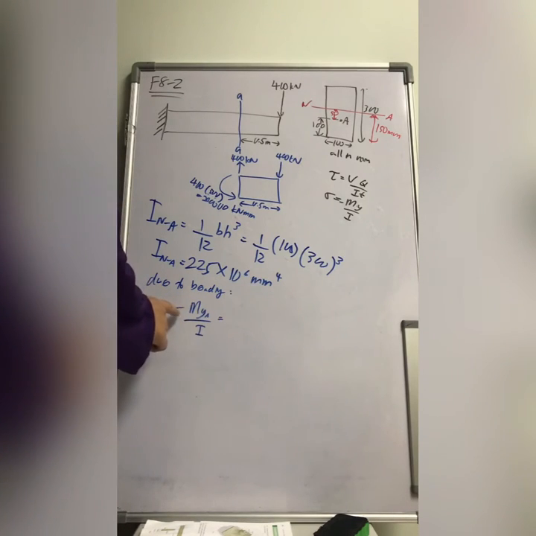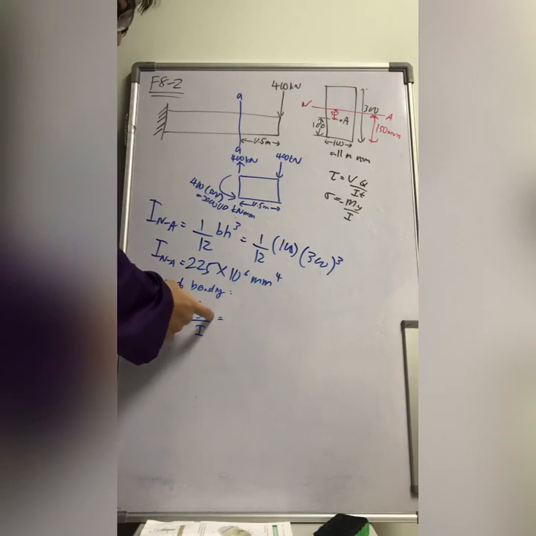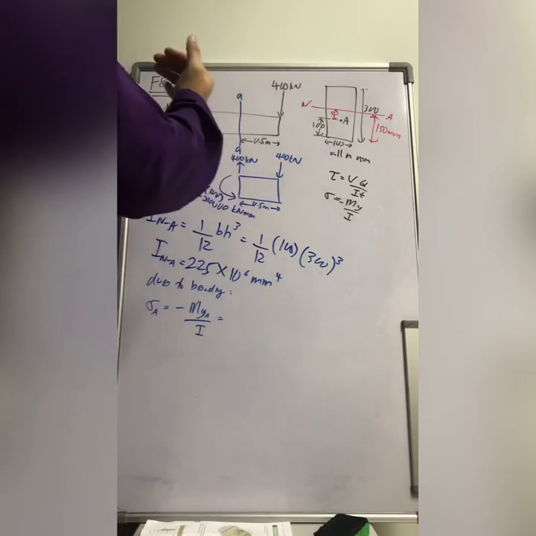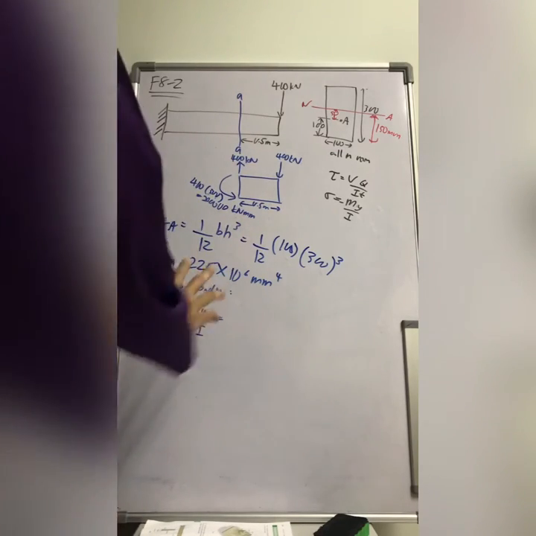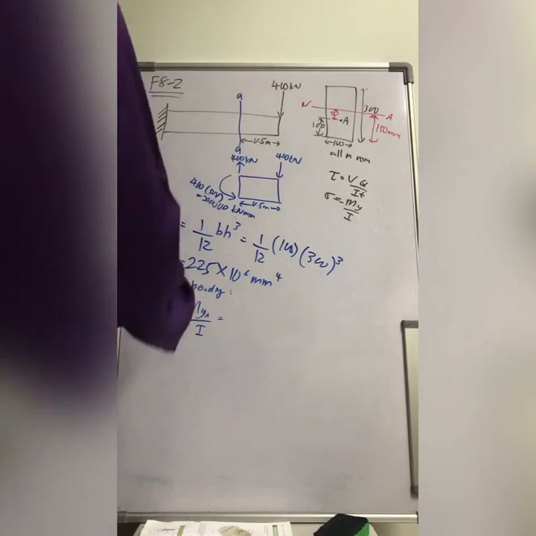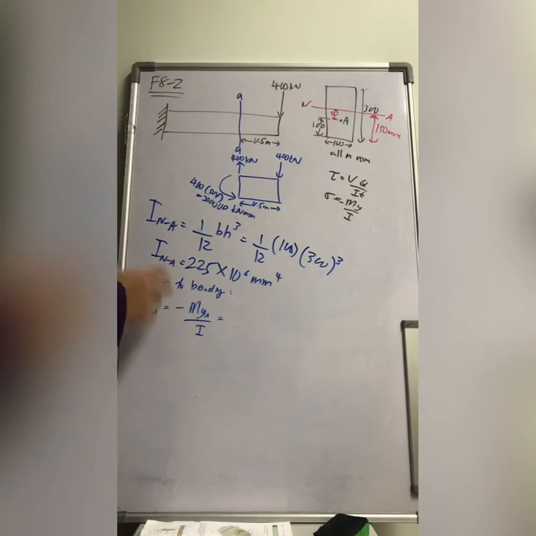If you follow the positive sign convention of M and of y, the most important thing is that you understand whether it's tension or compression. If you use the correct sign conventions, everything should be fine if you use the minus.